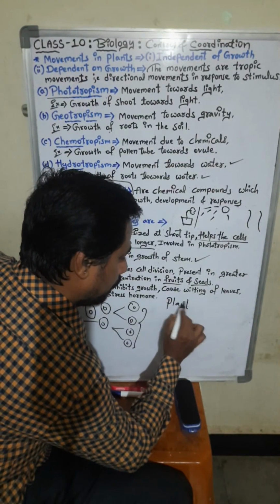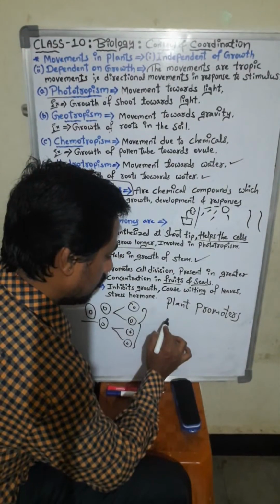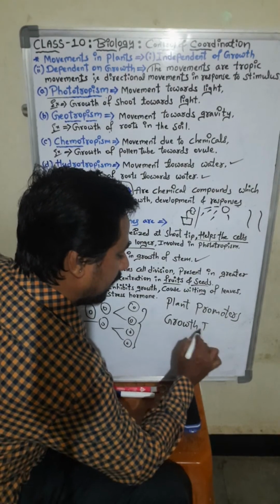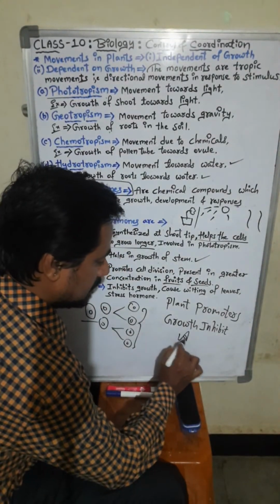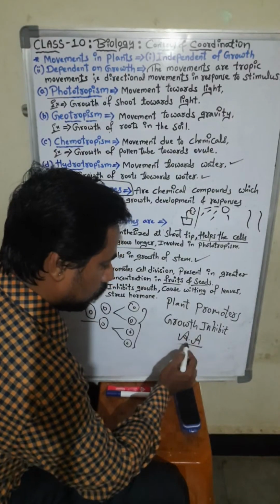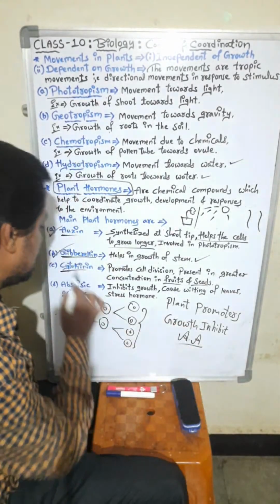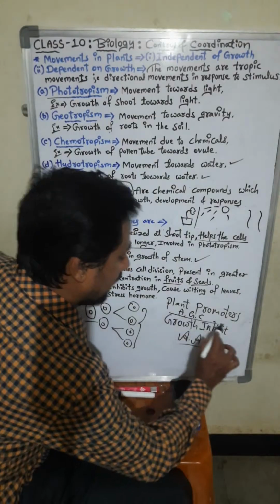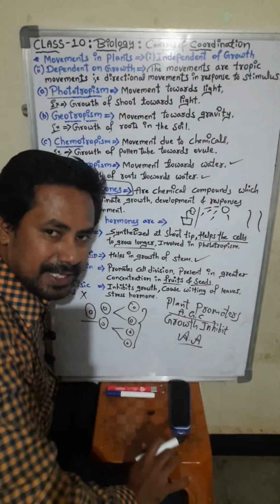Promoters means they help the plant to grow. Growth promoters and growth inhibitor. Inhibit means stop, students. Which one stops growth? Abscisic acid, only this one stops growth. So the growth inhibitor is abscisic acid. Who helps the plants to grow, students? Auxin, gibberellin, cytokinin. These three are plant promoters or growth promoters. So the growth inhibitor is abscisic acid, you have to remember.